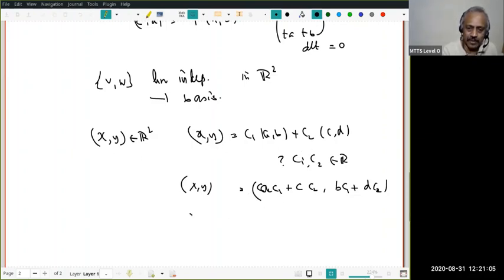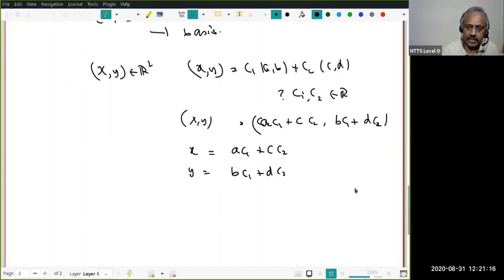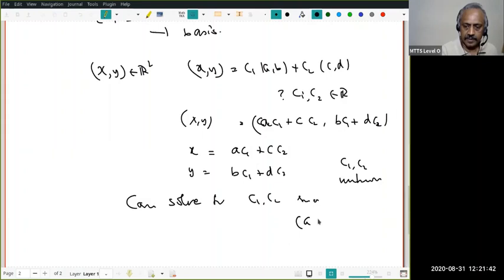So I have to solve the equations x equals A C1 plus C C2 and y equals B C1 plus D C2. Can I solve for that? I'm sure from your high school, you know you can solve this if AD minus BC is non-zero. In your high school and again in your BSc first year, you might have seen such a thing. So you can solve for it, since the determinant AD minus BC is not 0.